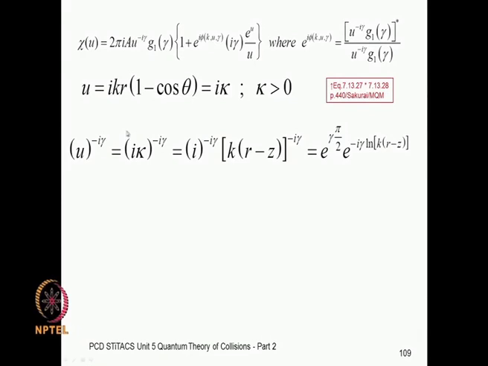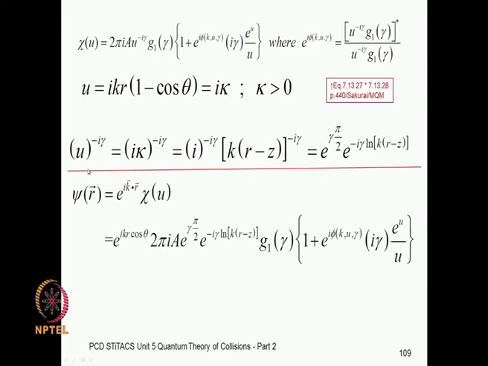So, here you are. This is u to the minus i gamma, we are going to need it here, and in terms of this you can now write the solution, which is e to the i k z times chi of u. Chi of u is here. So now we already have the full solution.